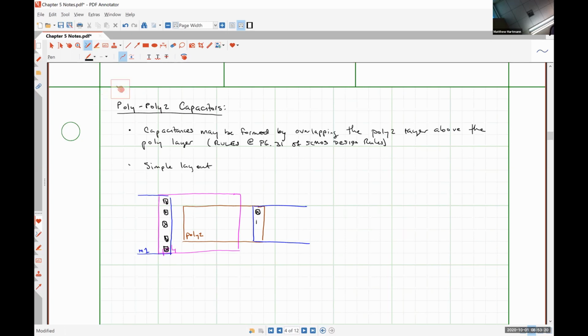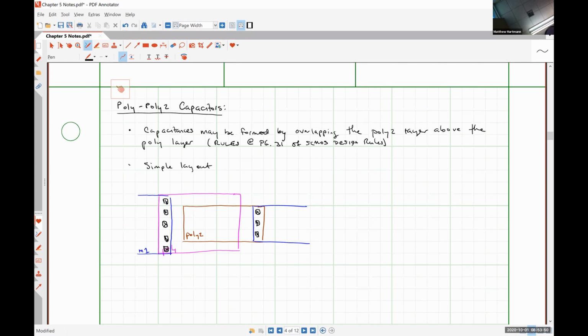The poly 2 overlap regions can't be as large as that of poly 1 because of the design rules, which means we're never going to have true parallel plate capacitors of the exact same plate size. So we're just going to have to use the area of our top electrode to count for that.